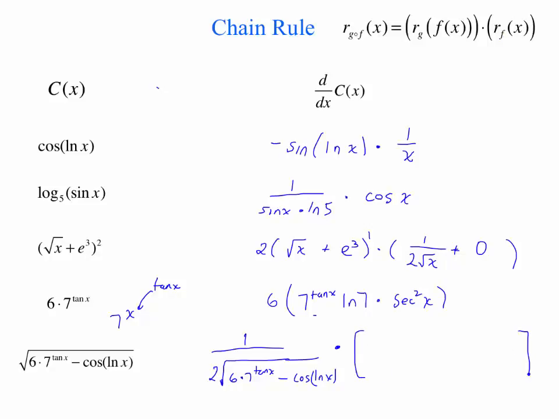What is the structure of the interior? Not composite. What's the structure of the interior? Difference. Rate of change of the difference is the rate of change of each. So there are composites involved, but the whole thing is a difference. Do you see that? The structure of the whole thing. So what we're going to do is the rate of change of the first minus the rate of change of the second. What is the rate of change of the first?